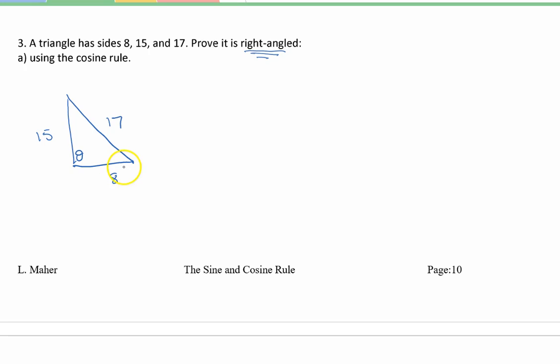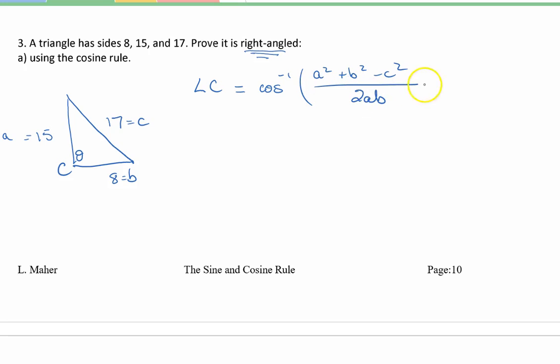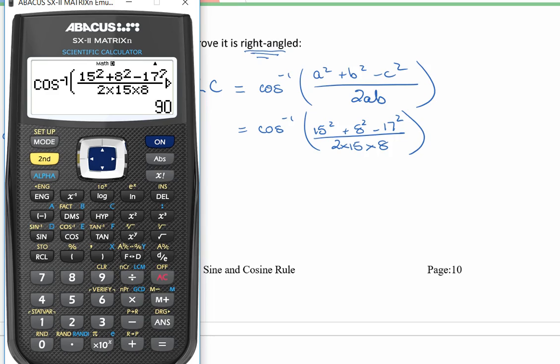So, knowing this, I'll be calling that side C, and this is A, and this is B, and I'll be finding angle C. And I know that angle C is the cos inverse of A squared plus B squared minus C squared over 2AB. So you can see there that I've substituted the values in.